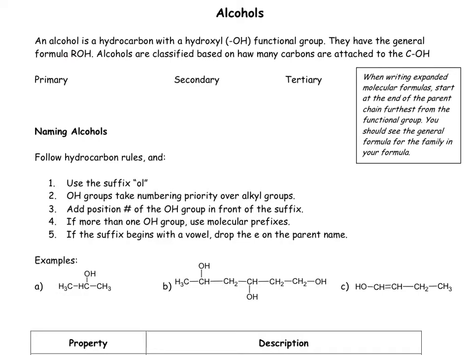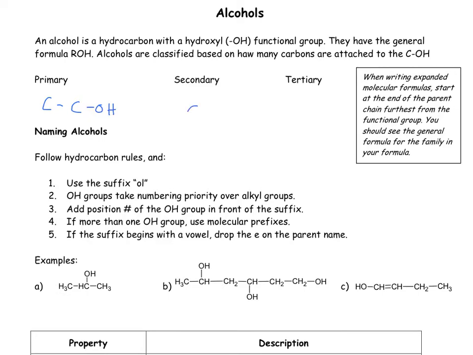Alcohols are classified based on how many hydrocarbons are attached to the C bearing the hydroxyl functional group. Primary have one C attached to the C with the hydroxyl. This means that the functional group will always be at the end of a chain.